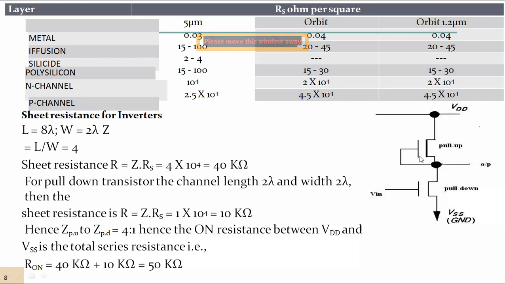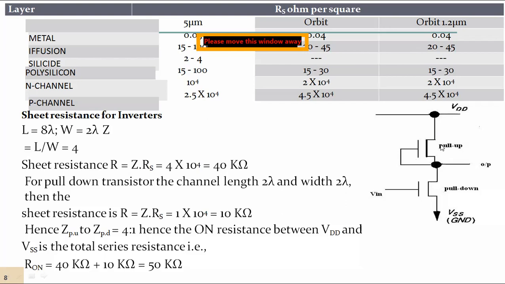You have to take length equal to 8 lambda and width equal to 2 lambda to equalize the operation of the 2 transistors. To make the operation of the 2 transistors equal, you have to maintain that this transistor is 4 times greater than the pull down device. That is 4:1.